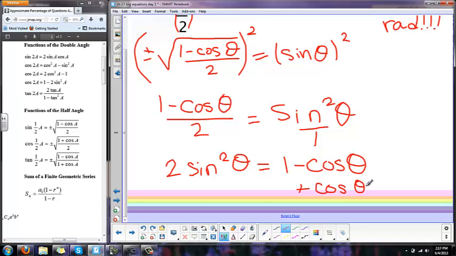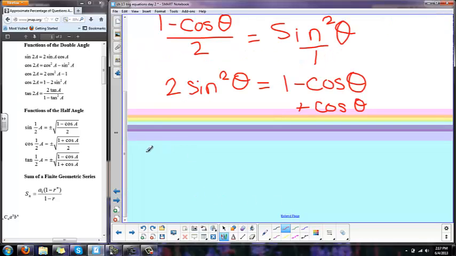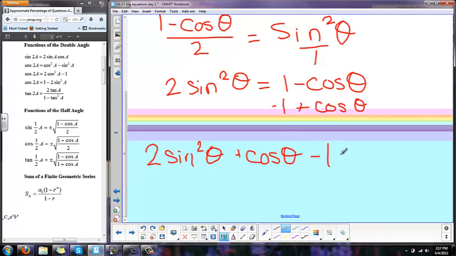Let's see what happens. I'm going to have 2 sine squared theta, just to get it a little bit more organized before I think about what I have to do, plus cosine theta. And then I'm also going to have to subtract that 1 and bring it over to the other side. So that's minus 1 is equal to 0. Okay.